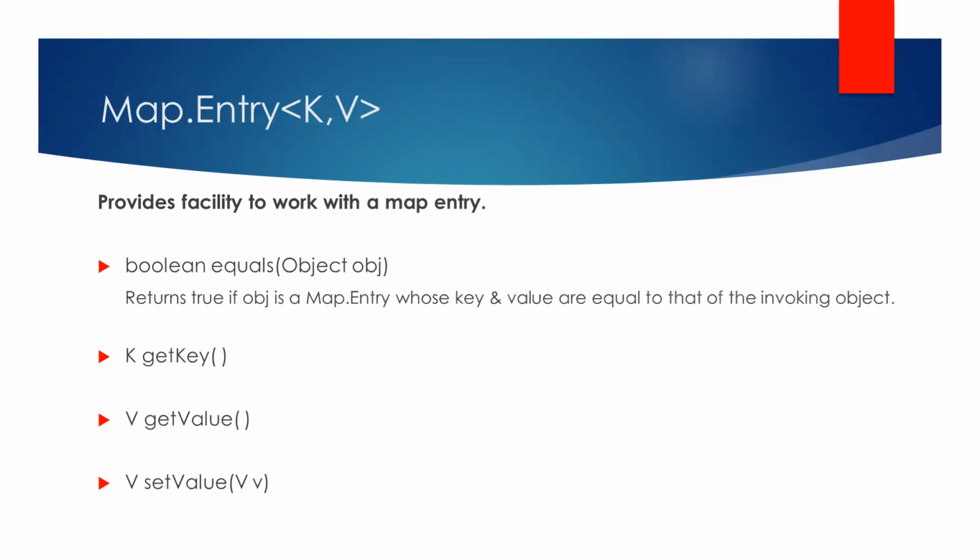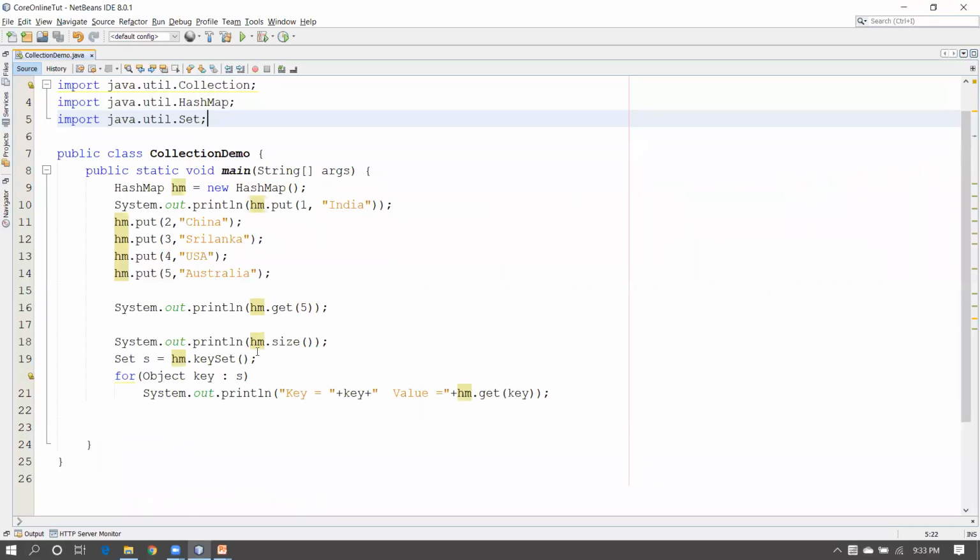Then there are getKey, getValue, and setValue. You can get the key of a Map.Entry, get the value by using getValue, and set the value by using setValue. Where we use Map.Entry, just look at the example here.